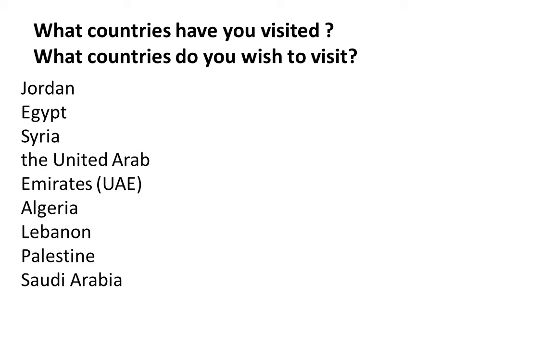For example, Jordan is the name of Urdun, the country Urdun in Arabic. In English, it is called Jordan. Egypt, Masr. Syria, Syria.